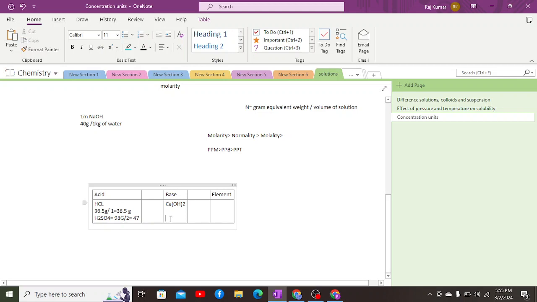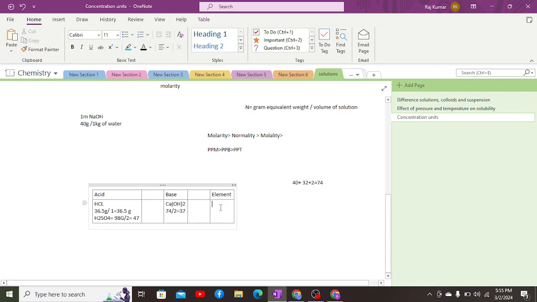First we need to calculate its molar mass. Calcium has mass 40, plus oxygen 16 times 2 is 32, plus hydrogen 1 times 2, so 74, right? 74 is its mass, and when we divide by the number of OH ions, which is 2, the answer will be equal to 37.